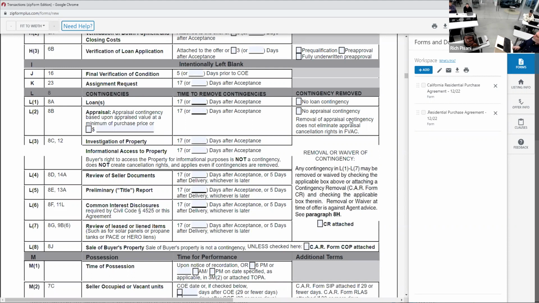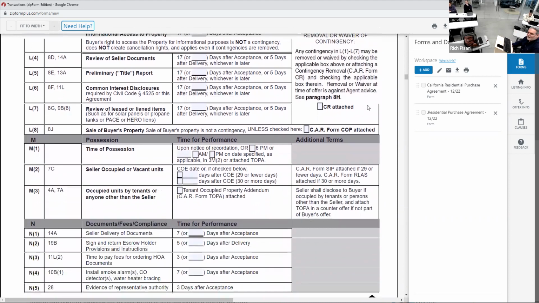So if the buyer has to sell their property in order to get into this property, then there's an added form, the COP, which I've taught separately. So that means this purchase is contingent on the buyer selling their property. So that's the sale of buyer's property.